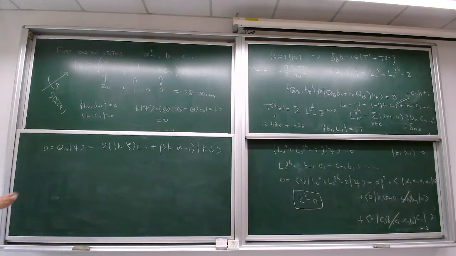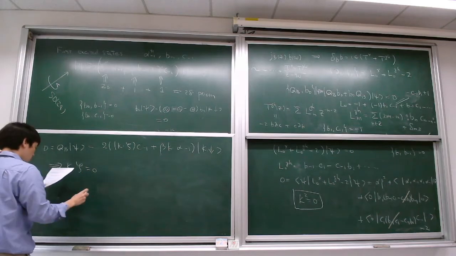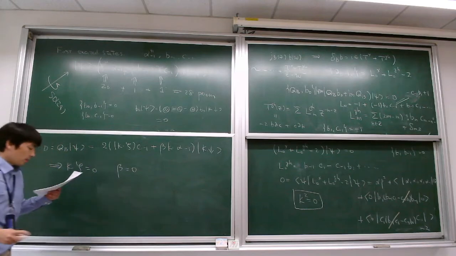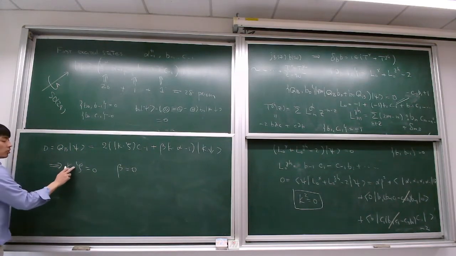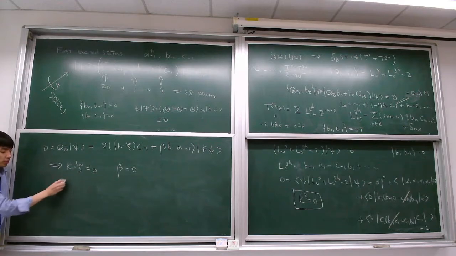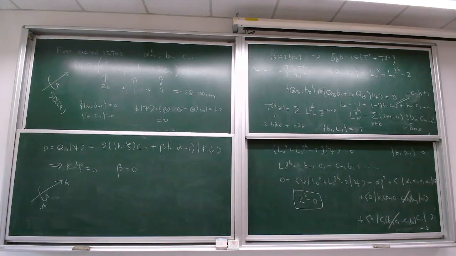And from here, one has to take k dot zeta equal to 0, and also beta has to be 0. So this is the condition that projects the polarization vector. This is k, the light-like vector, and the polarization vector has to be orthogonal to k. That's exactly the condition you need to obtain.